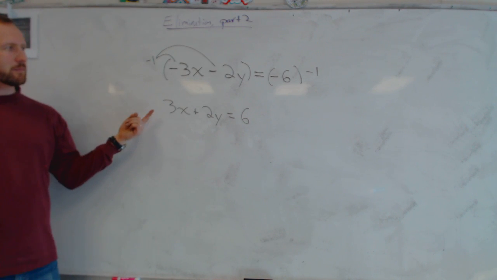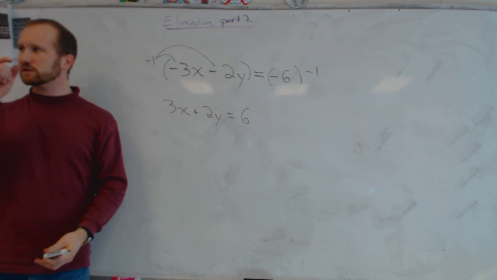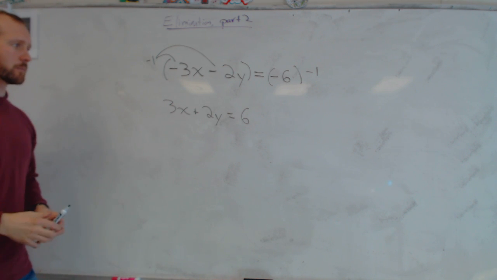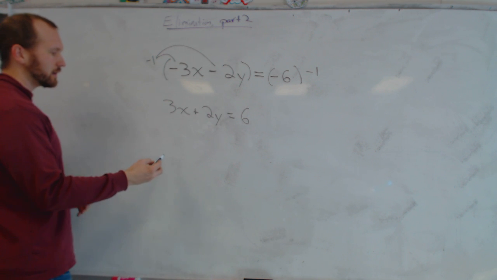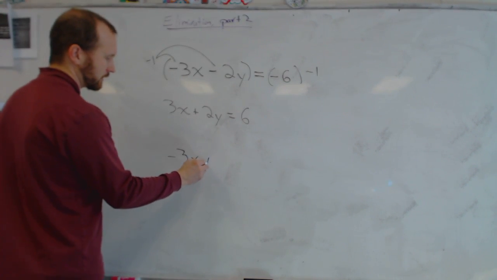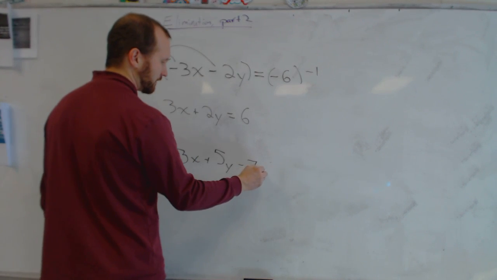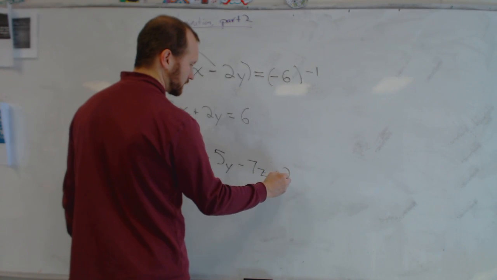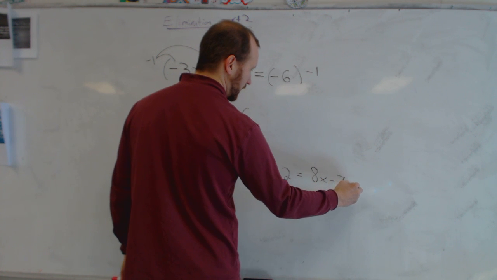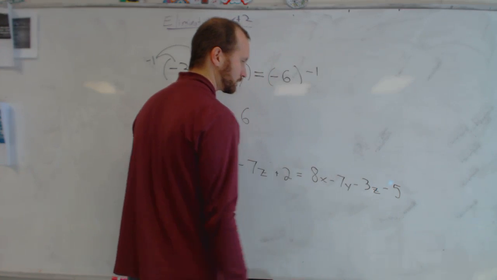So it turns out multiplying by negative 1 is not a super hard thing to do. We just switch the sign of every single term. I could give you a really complicated problem: negative 3x plus 5y minus 7z plus 2 equals 8x minus 7y minus 3z minus 5.